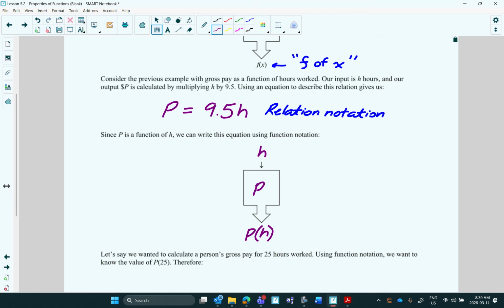So another way that we could write this equation is like so. And that is called function notation.